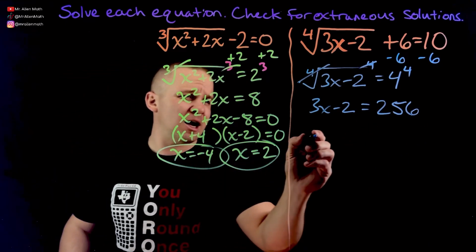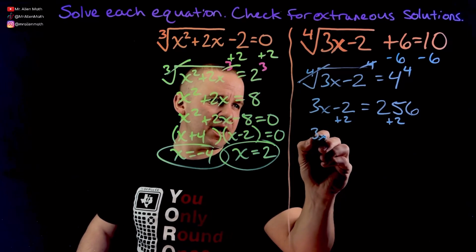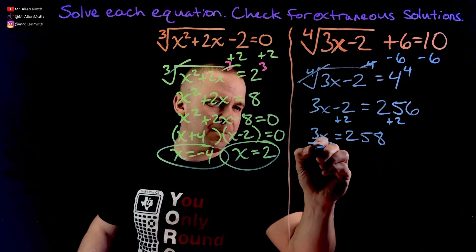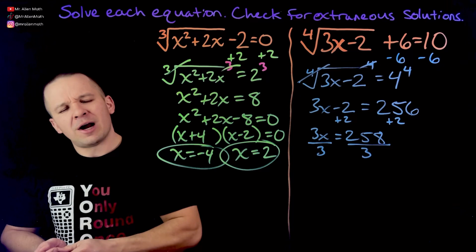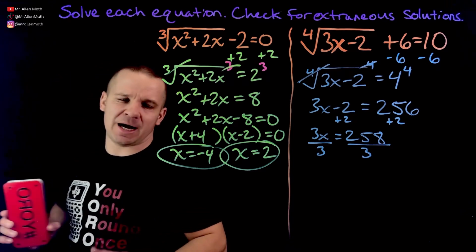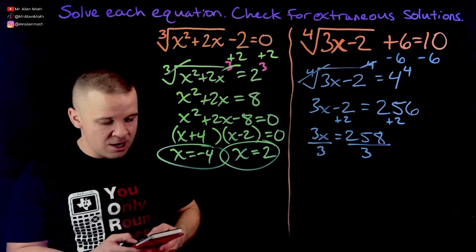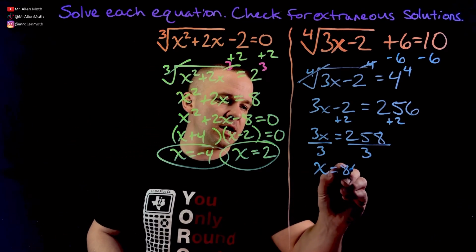Then I add 2, so 3x equals 258, and divide that by 3. This seems terrible and I don't want to make a mistake, so I'm going to bust out my TI-84 Plus graphing calculator. 258 divided by 3 equals 86. There we go, x equals 86.